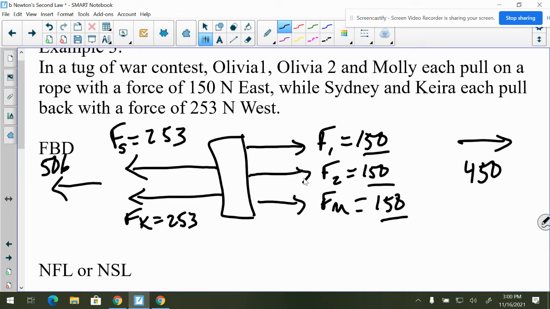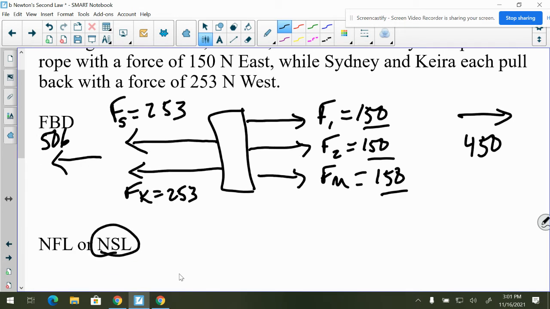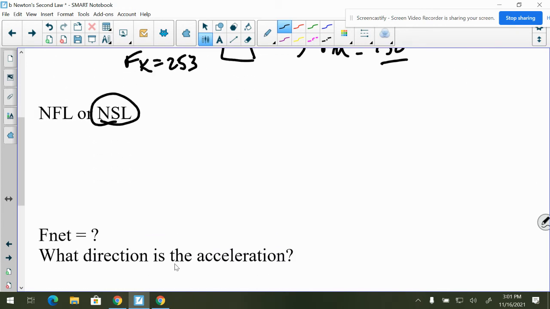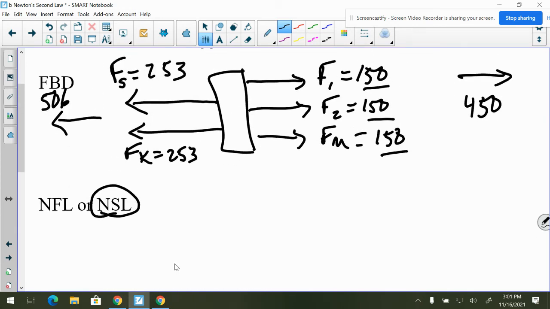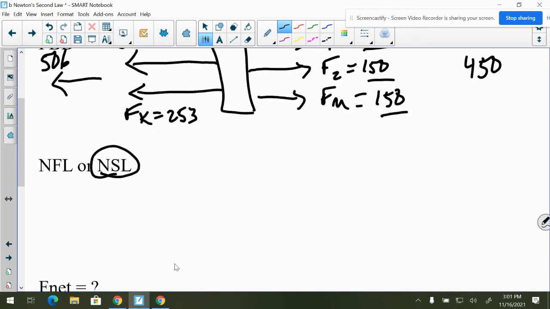So is it the first law or second law? Well, are they balanced? Are they the same? No. So it's unbalanced. So it's the second law. And then I'm going to ask, well, if it's unbalanced, what's the net force? Well, the net's going to be the big one, 506.